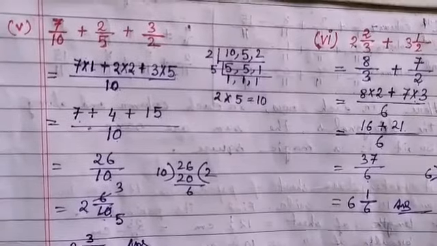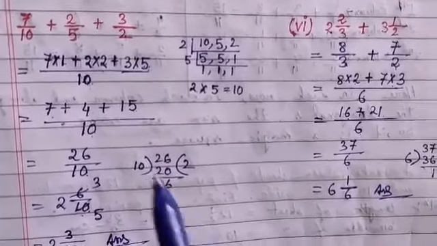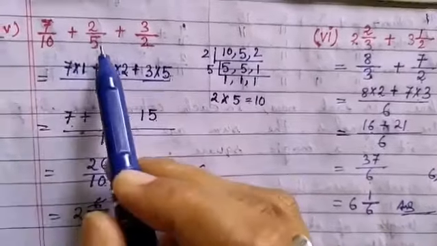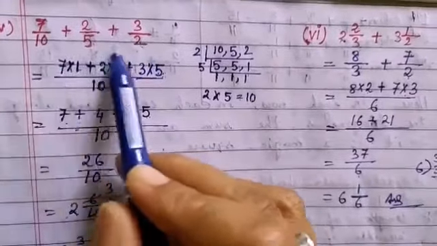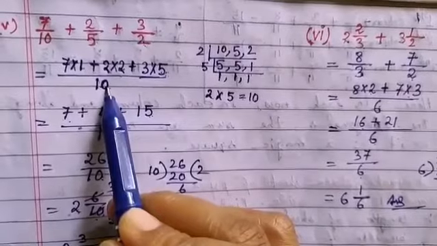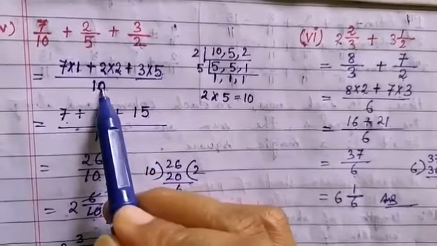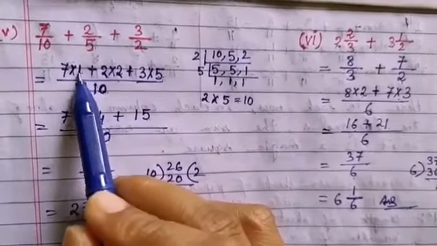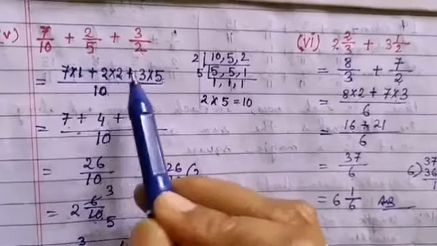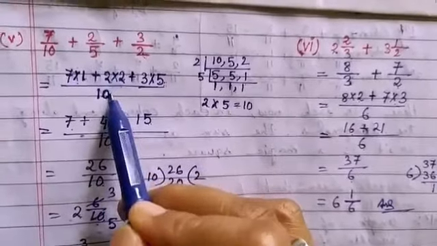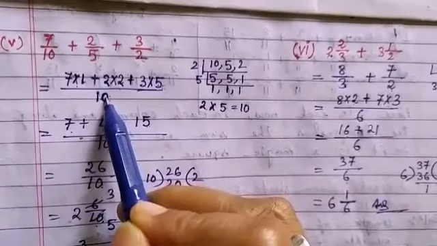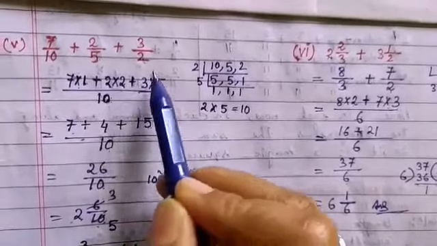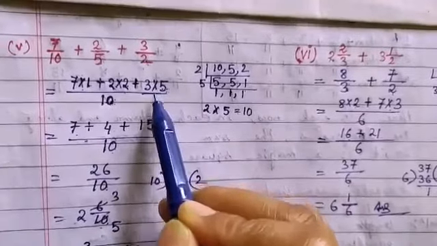Fifth sum of question number 1. Here 3 fractions are added: 7 by 10 plus 2 by 5 plus 3 by 2. Here the LCM of all the denominators is 10. Then 10 divided by 10 is 1, then 1 is multiplied by 7. Then 10 divided by 5 is 2, then 2 into 2. Then 10 divided by 2 is 5, then 5 into 3.